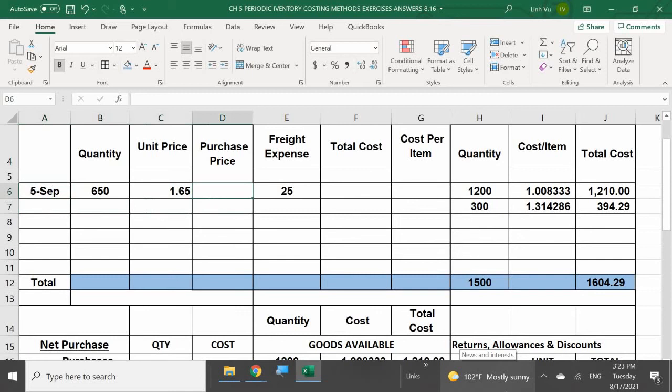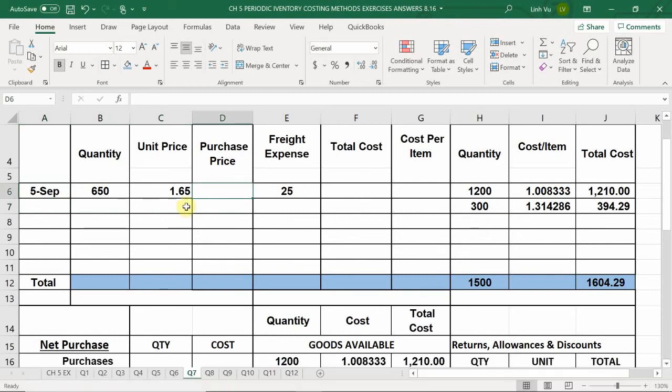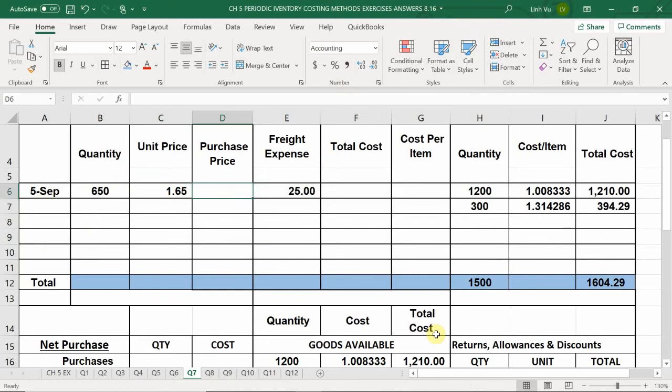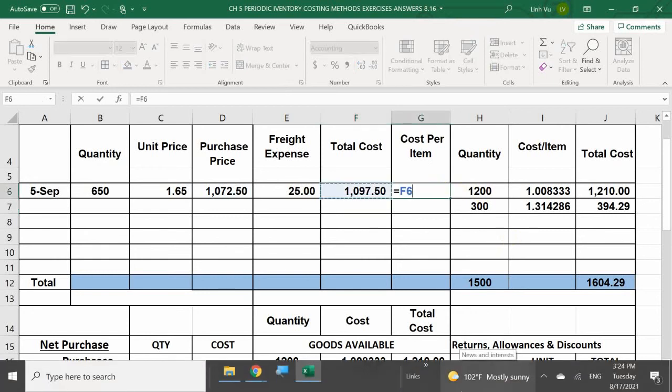What is my total purchase price here? $1,072.50 plus 25 is $1,097. Good.